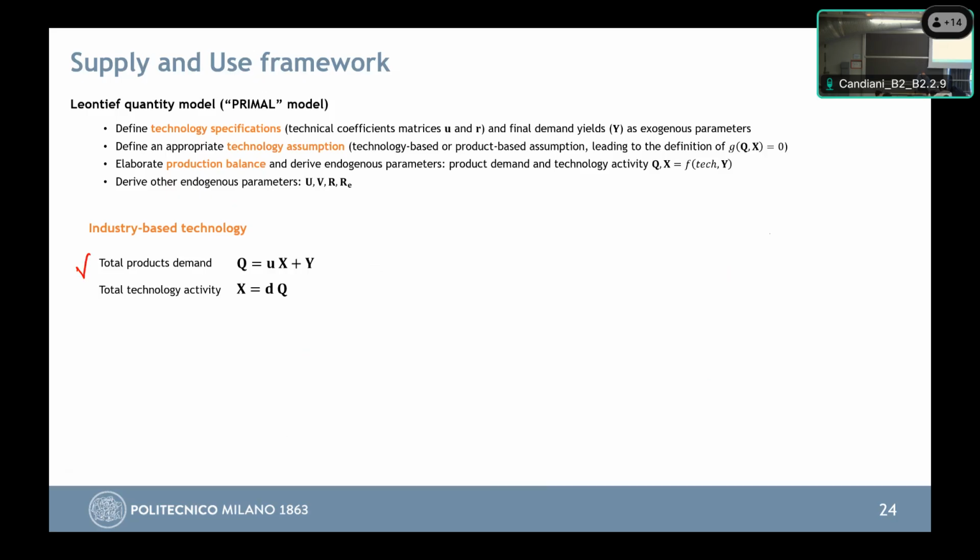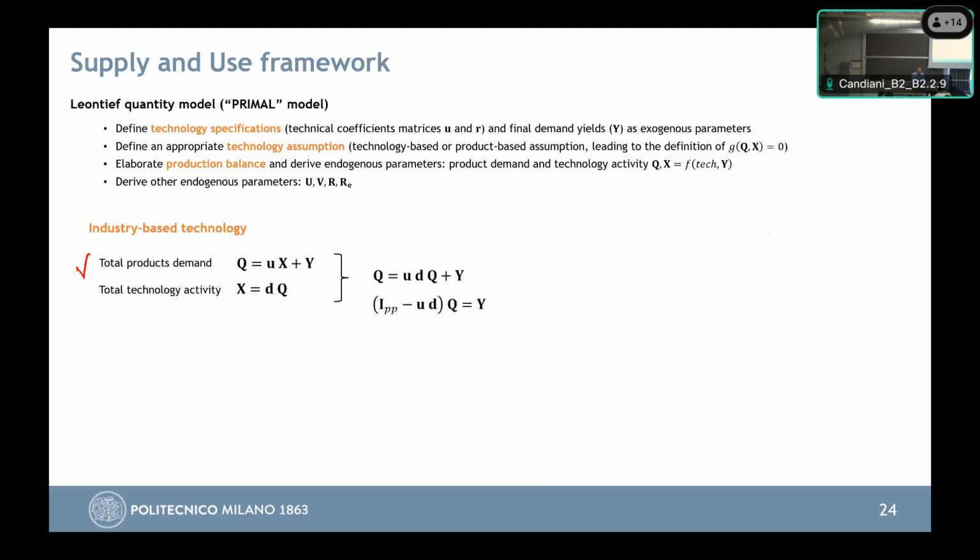Then we have the linear transformation between x and q. So we define the rule by which the system is going to be operated when an extra demand of products appears.